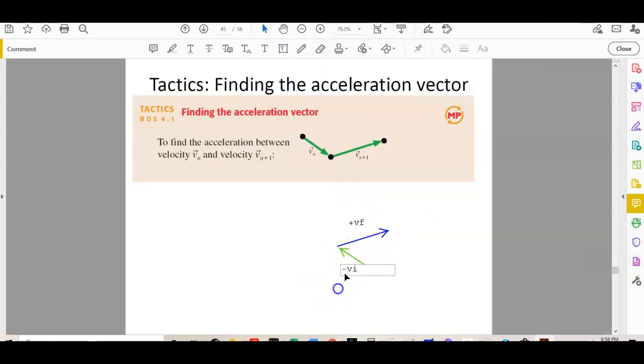And so the result of that, the resultant of this addition, well actually it's vector subtraction that we're doing, is going to be delta v. So you started here, you're going to end here. You started here, you walked up and to the left, up and to the right. Those are the actual motion vectors, right?